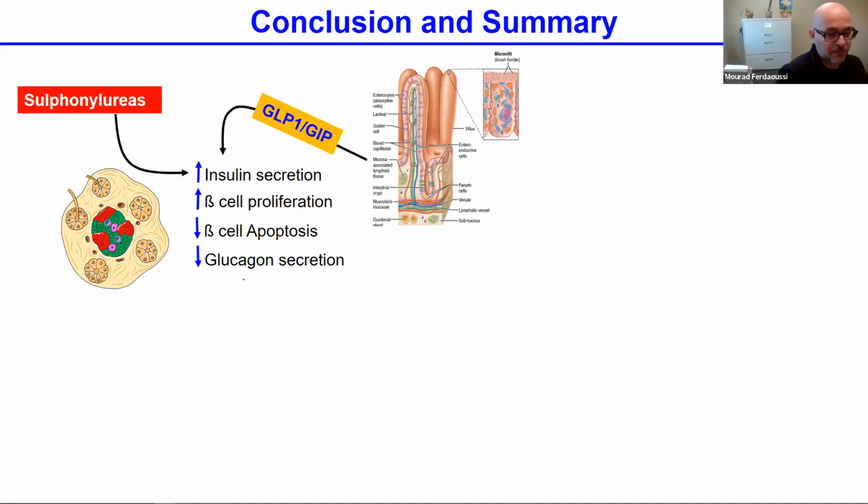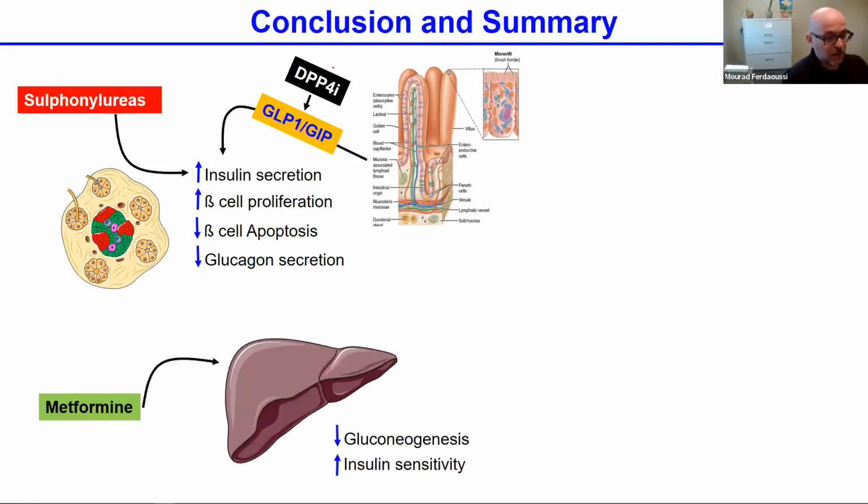The other effect of GLP-1 and GIP is to reduce the glucagon secretion. We discussed also that GLP-1 and GIP are very unstable in our bodies, so we can increase their stability by using the DPP-4 inhibitors.